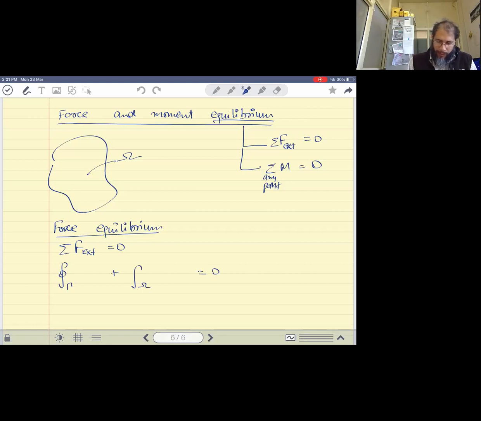The surface forces, as we know, can be written using T, the traction, and the body forces are represented using the body force per unit mass, which gets multiplied by the small mass element, which is density times d omega.